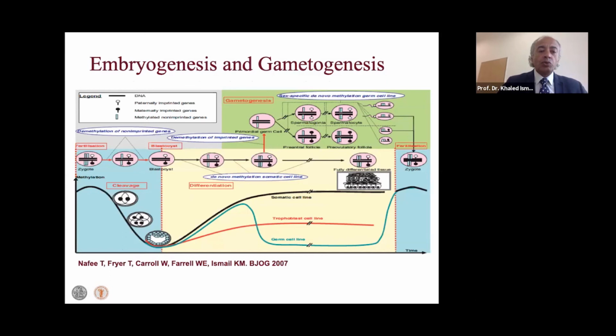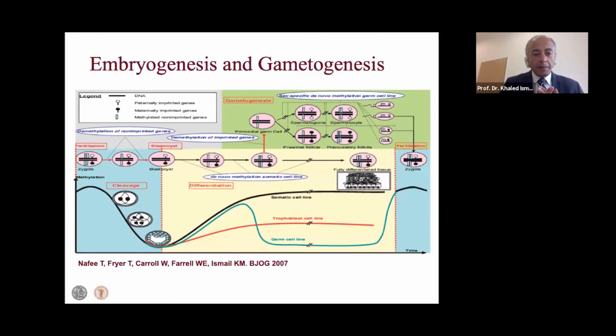What happens to our epigenome is that in the very first few hours after conception, and I'm talking about hours, so this woman who is pregnant does not know she is pregnant yet. It's too early, just very few hours after fertilization. The epigenome of this embryo, of this developing fetus, gets totally wiped off.